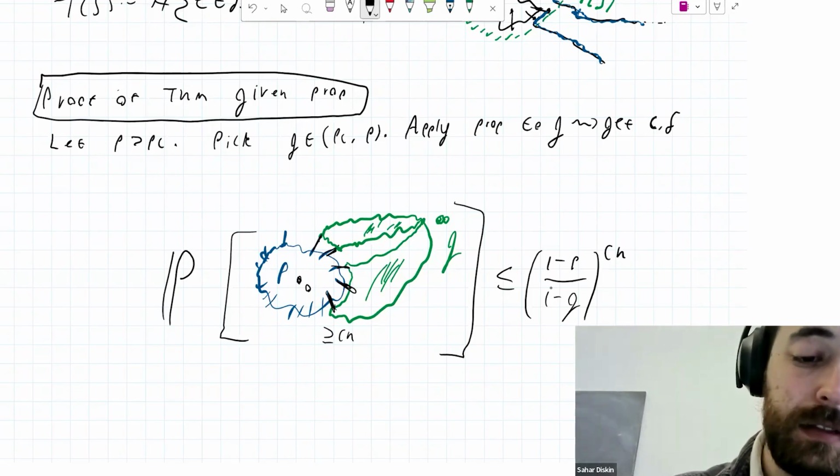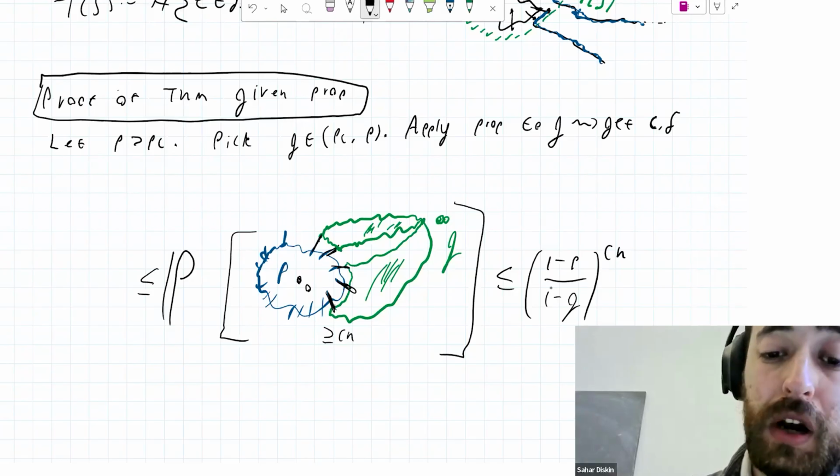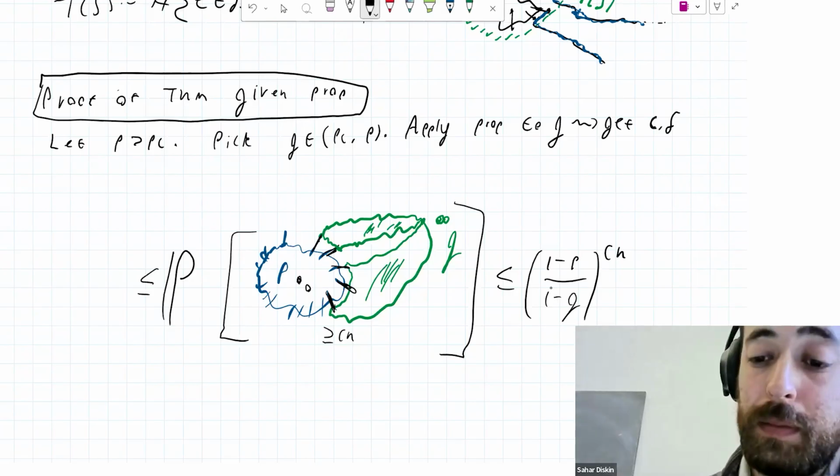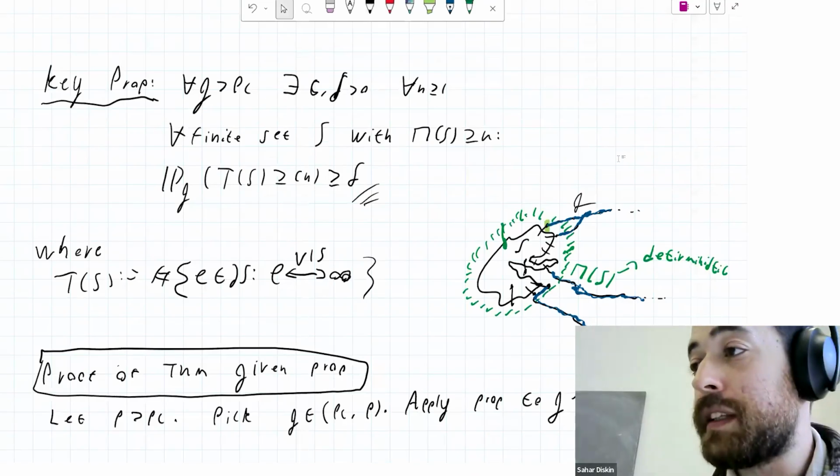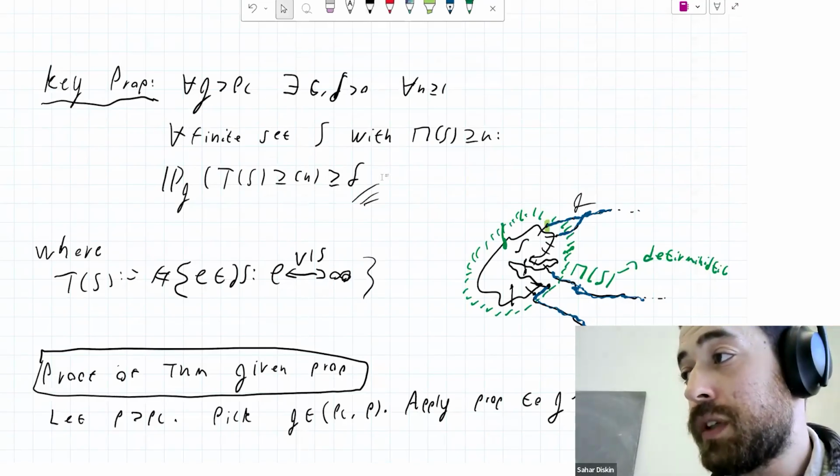On the other hand, let's use our proposition. So our proposition tells us that the probability that the number of touches is at least Cn is at least delta.